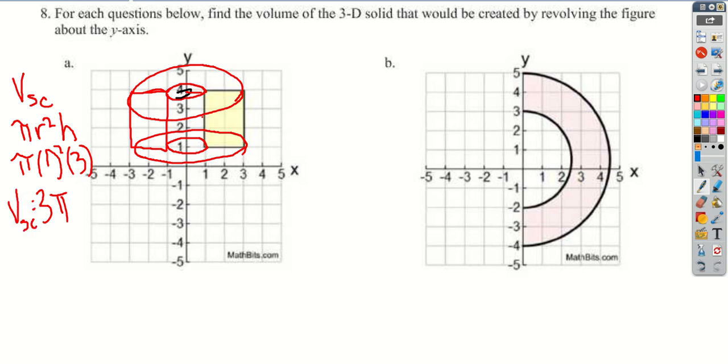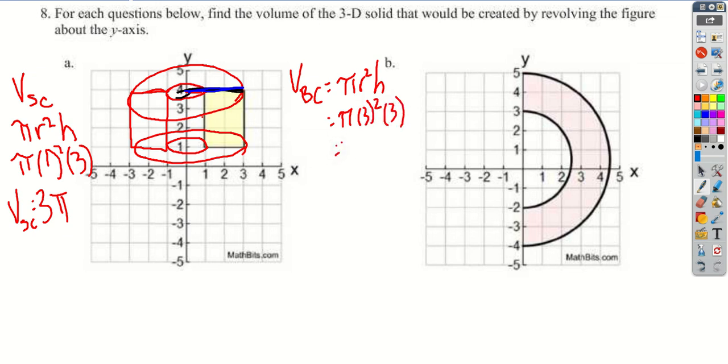On the other side, we have the volume of the big cylinder, which is once again pi r squared h. So pi, this time the radius goes from, now be careful, it's the big cylinder, so it goes all the way out to here. So the radius is actually 3, going all the way out. 3 squared, and then times 3, because the height is also 3.